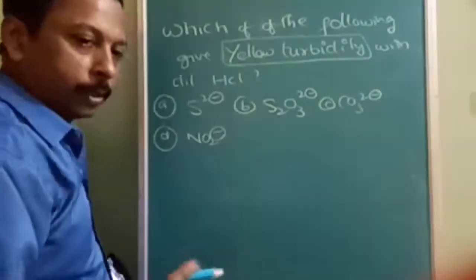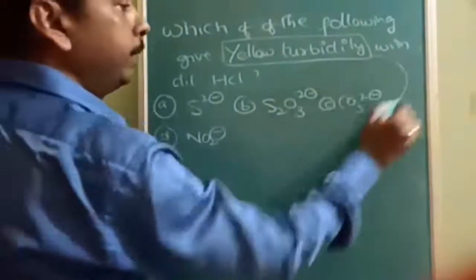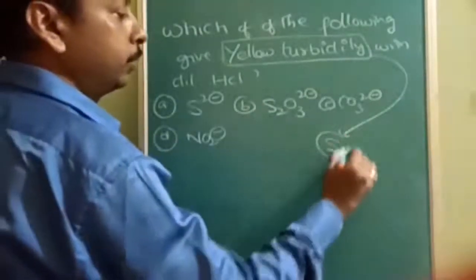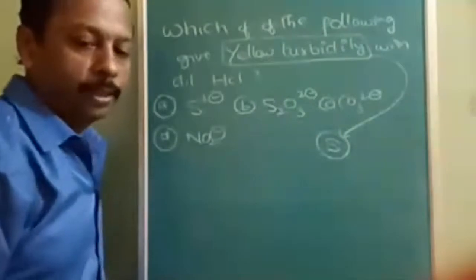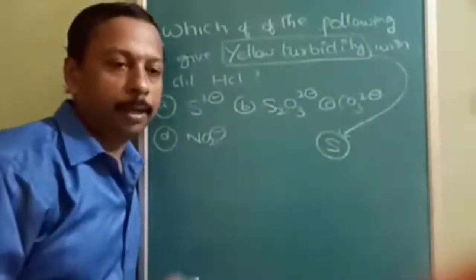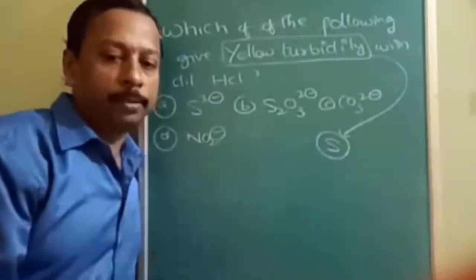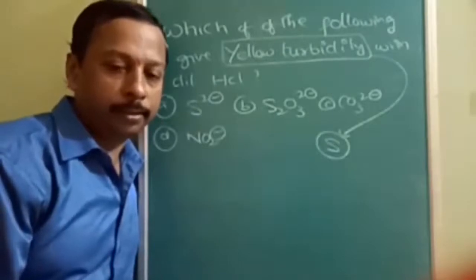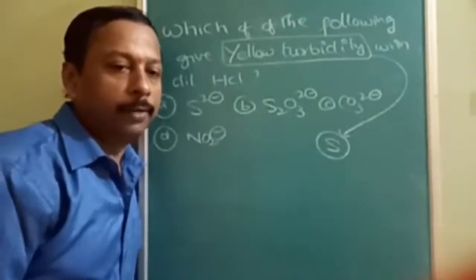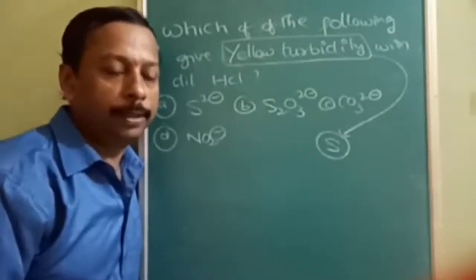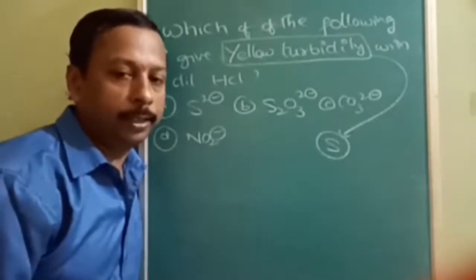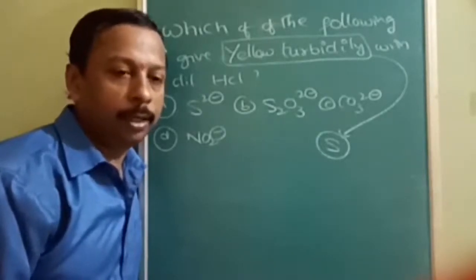Whenever turbidity is there, it is due to colloidal sulfur. Turbidity means light passes through partially, and it is yellowish in color. So sulfur will be available. Yellow turbidity, immediately what should strike your mind? It is colloidal sulfur.